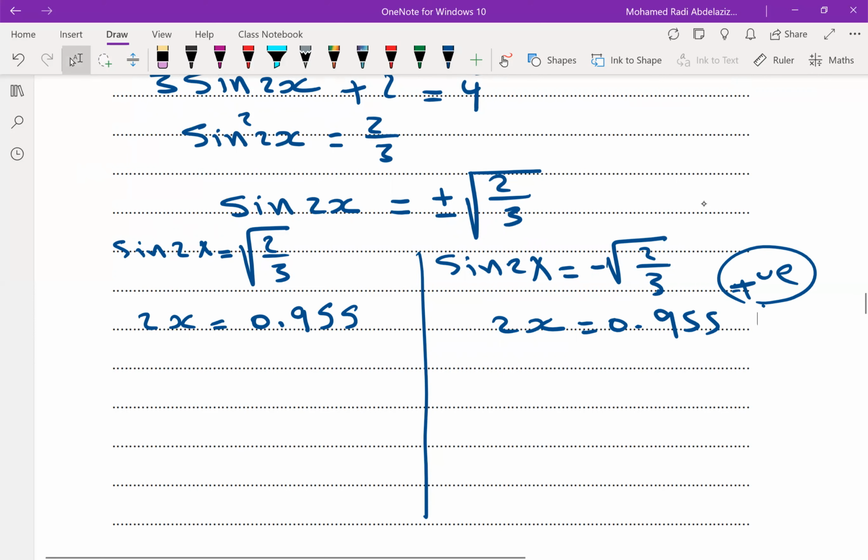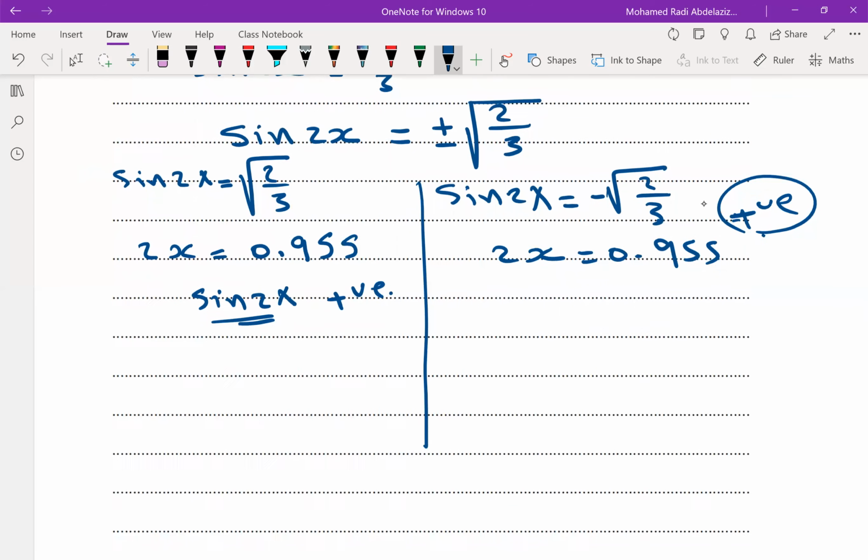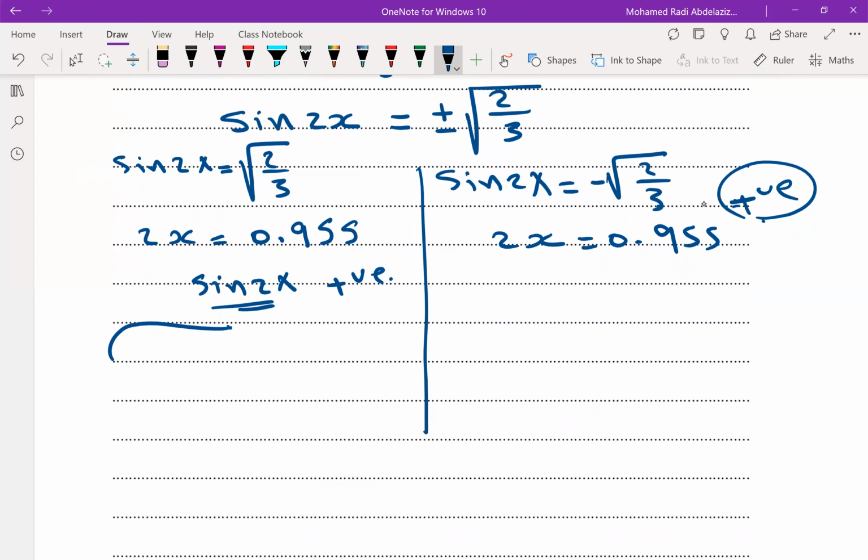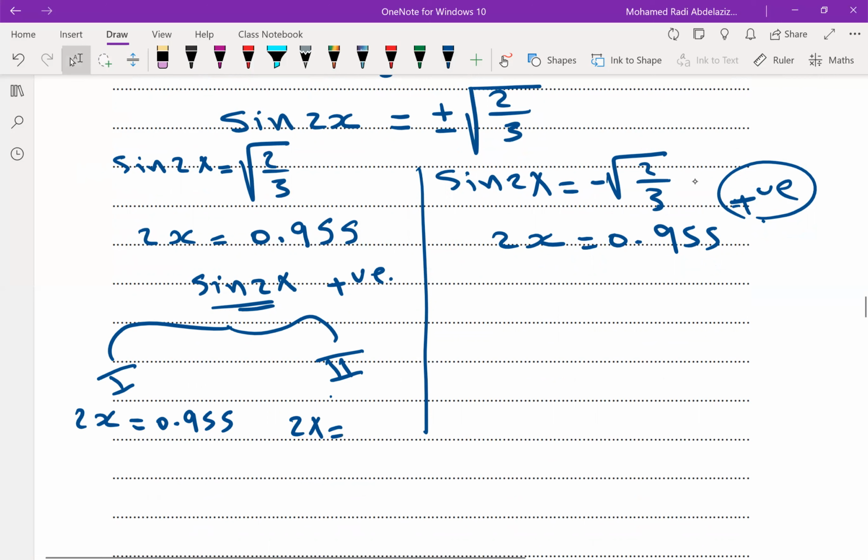So back to the first one, sine 2x given positive. In which quadrants is it positive? Sine 2x is positive in the first and second quadrants. For the first quadrant, done, which is 0.955. But for the second quadrant, it's 180 minus, or pi minus. So 2x is pi minus 0.955.